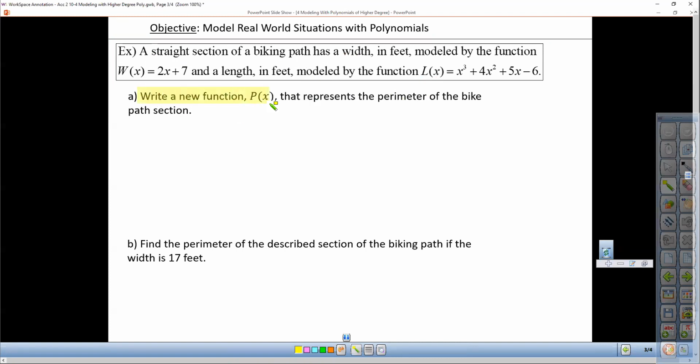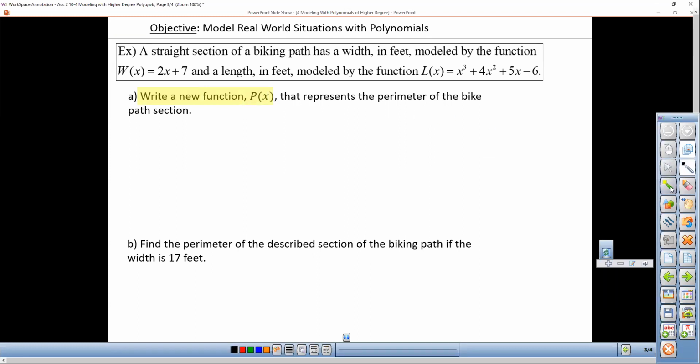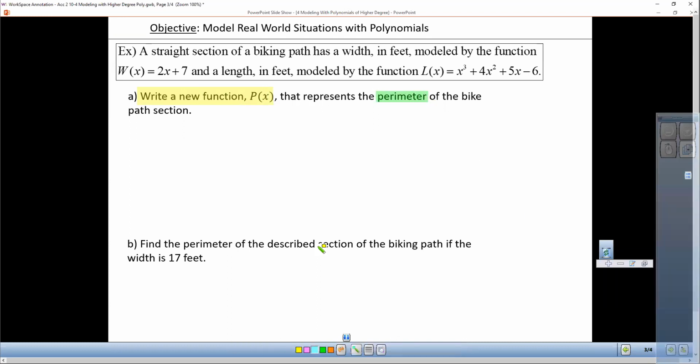So we need to understand how to create perimeter from our given information, which is that we have w of x, which is the width in feet of the path, and we have L of x, which is the length in feet of the path.